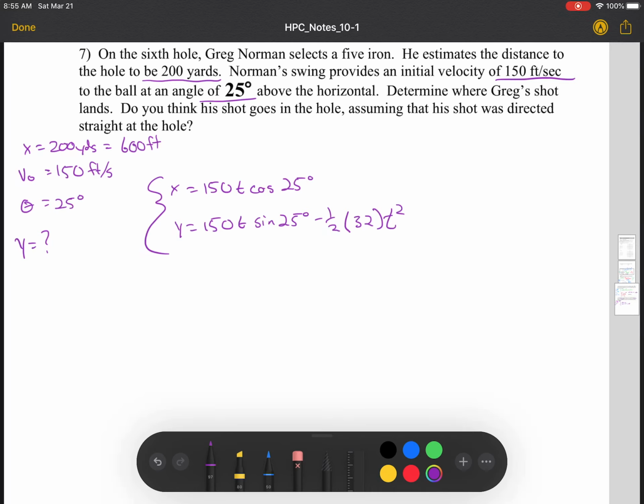Remember, the ball's starting from the ground, so we don't have any starting vertical height. We know our x distance is 600, so we're going to plug that into our x equation and solve for t.